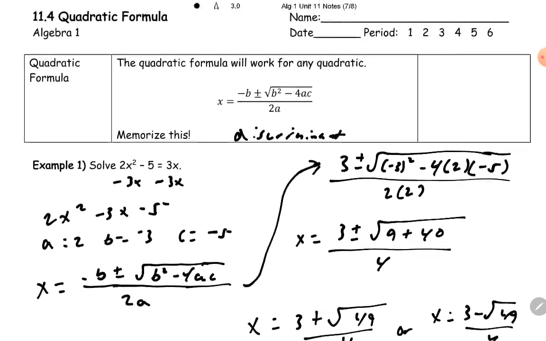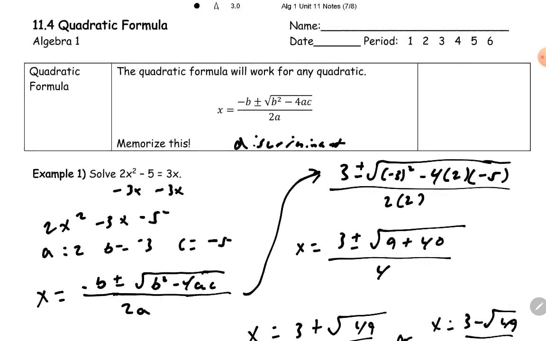Now, one way to remember this formula, how I learned it, is to sing it to the tune of Pop Goes the Weasel. Negative b plus or minus the square root of b squared minus 4ac all over 2a. Let me try that again.